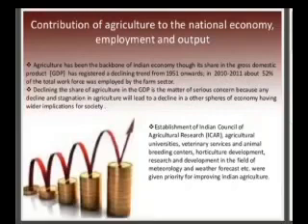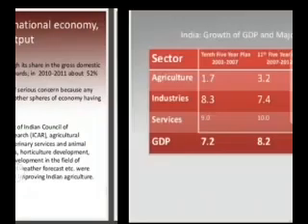Establishment of the Indian Council of Agricultural Research (ICAR), agricultural universities, veterinary services and animal breeding centers, horticulture development, and research and development in the field of meteorology and weather forecast, etc., were given priority for improving Indian agriculture.